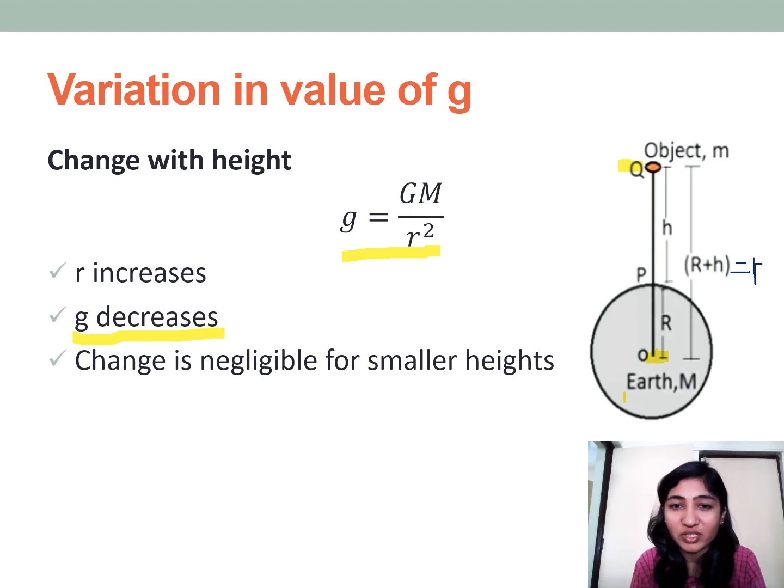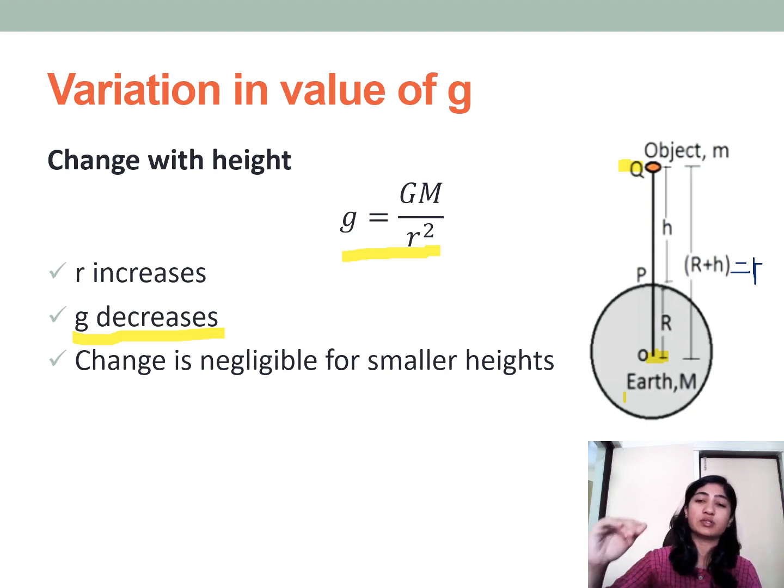Though a height of 10, 20 or 50 kilometers is very high for us, actually as compared to the radius of the earth it is very small. So the variation in g is negligible for smaller heights from the earth's surface as compared to the radius of the earth.